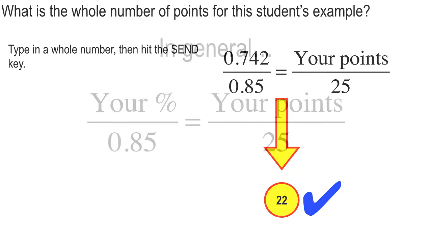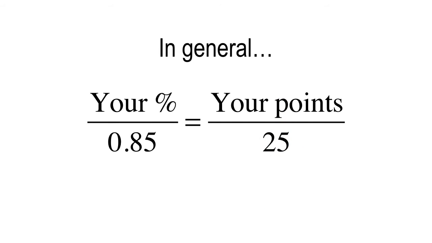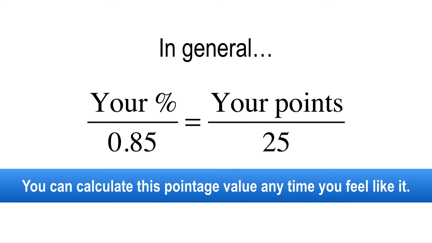In general, this is the proportion that you should use: your percentage divided by 0.85 equals your points divided by 25. That's the main thing. And if you ever feel nervous, like, Dr. B, I'm not sure I did this right, you could double check with me in office hours or something.